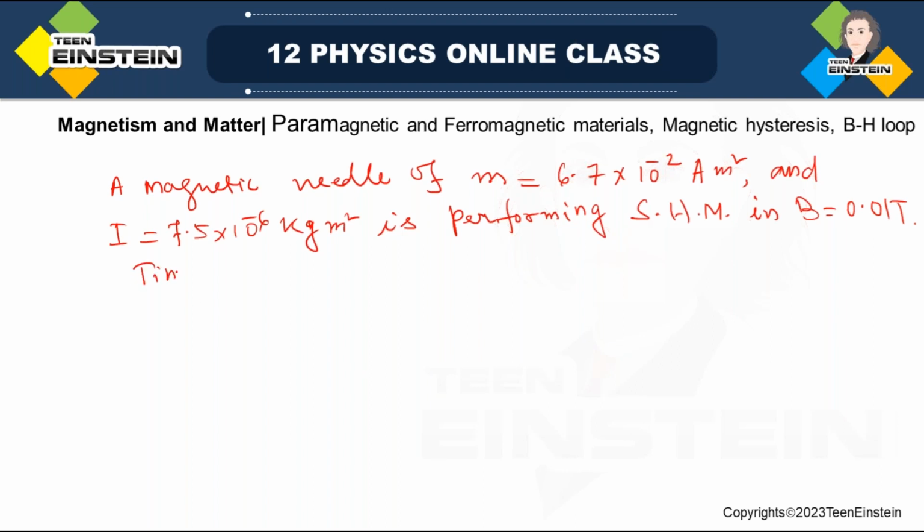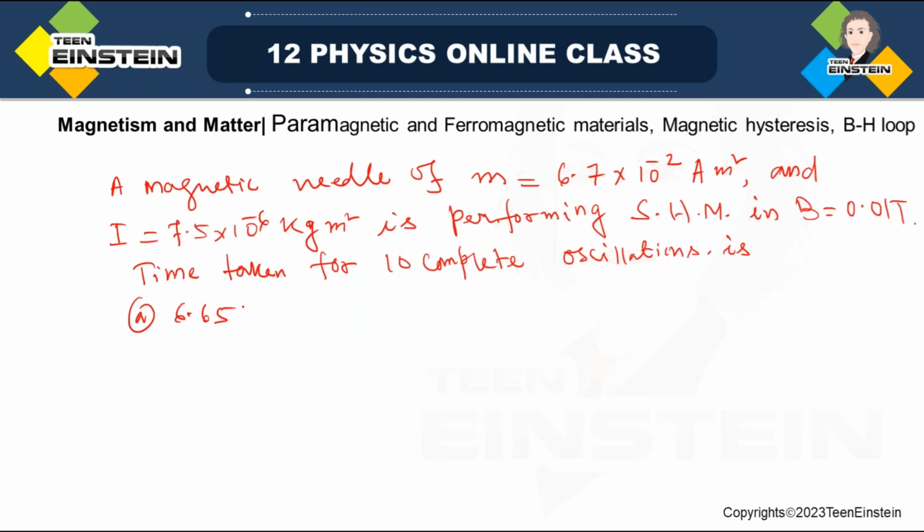Time taken for 10 complete oscillations is... The options are: A, 6.65 second; B, 8.89 second; C, 6.98 second; D, 8.76 second.